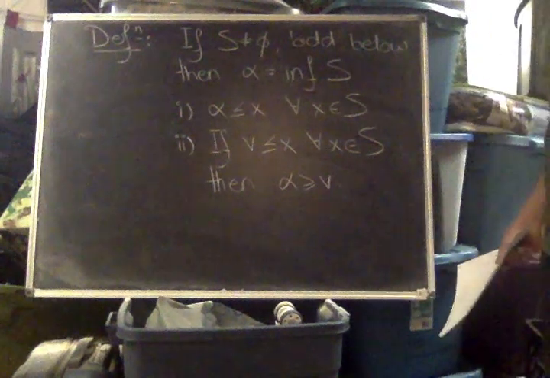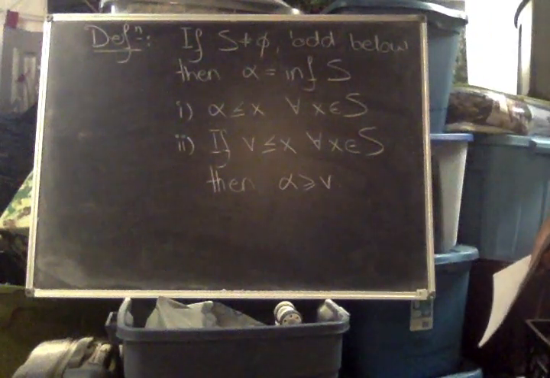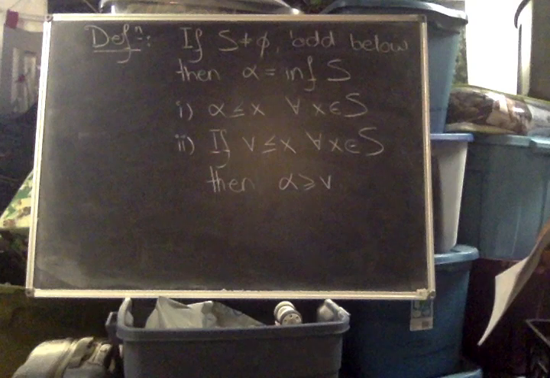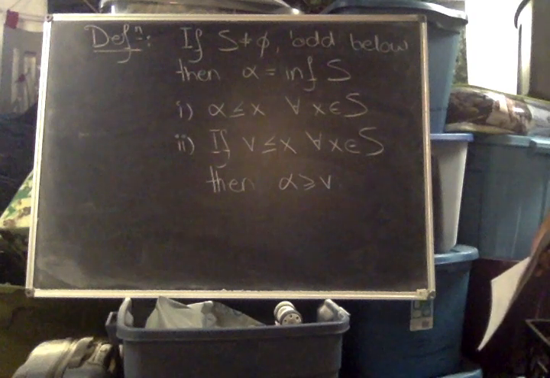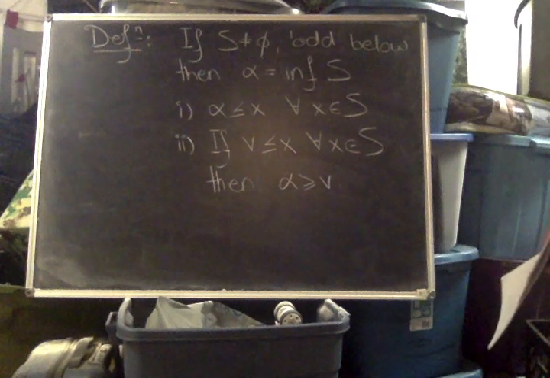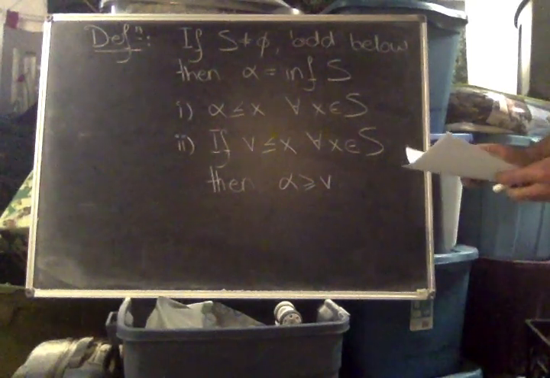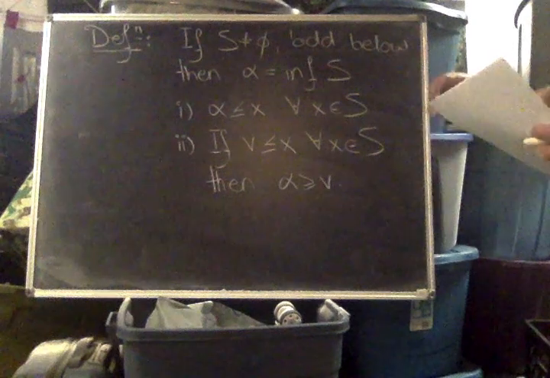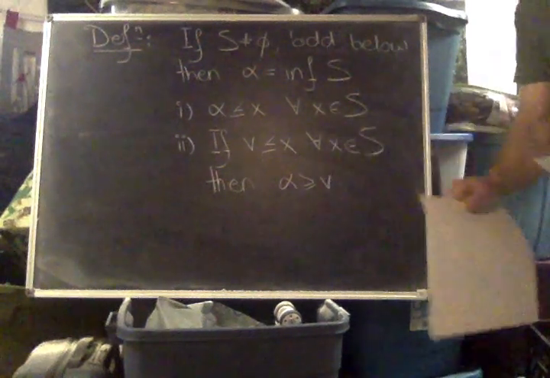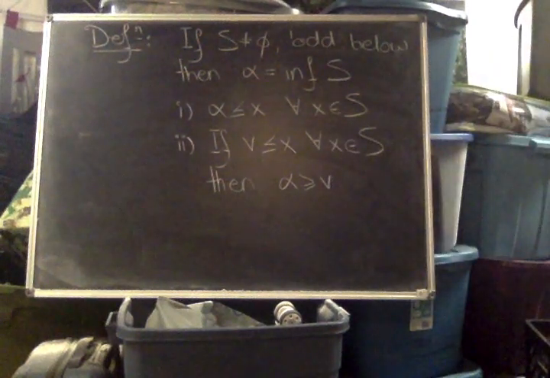Alpha is the biggest lower bound, the greatest lower bound for this non-empty set S, which is bounded below. That's the definition of the infimum. Okay? So we have the sup. We have the inf. Okay?